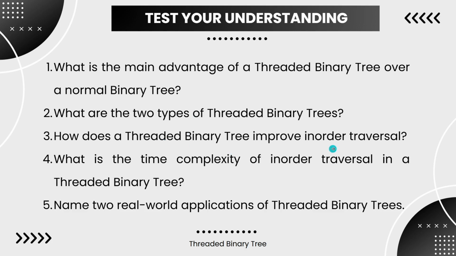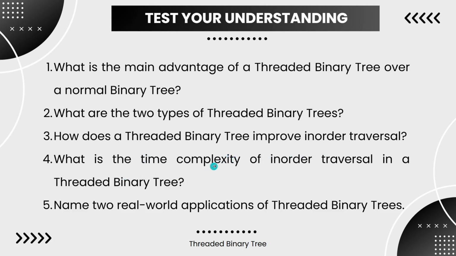To do inorder traversal on a binary tree, we may have to go down the tree along the left subtree to take the first node, and then we have to backtrack and visit the right subtree, and we may have to do this for every node. That is eliminated in a threaded binary tree because it has threads. So we always move in the forward direction looking for successors along the binary tree.